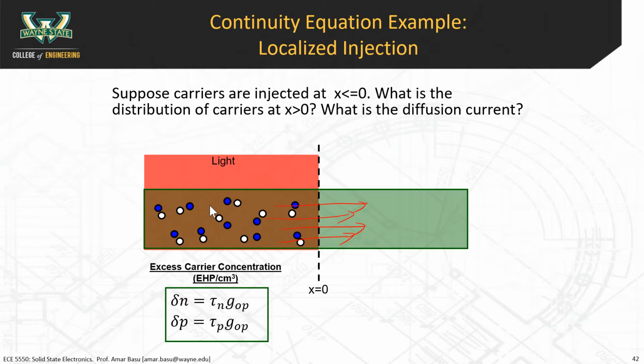It takes a little bit of time for those carriers to die out. The carrier lifetimes are typically on the order of femtoseconds to picoseconds, sometimes nanoseconds or microseconds. There's a big range in which they can occur. But the process of the light turning on and creating the excess carriers happens much faster than the carrier lifetimes. Good question.